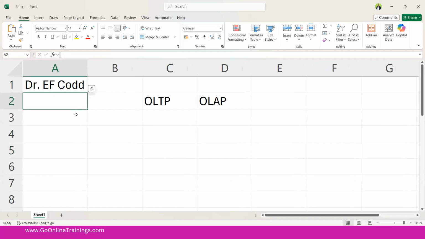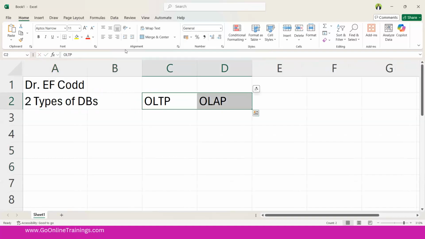According to him, these are the two types of databases only, right? So that is what you need to understand. OLTP and OLAP, and what is the difference between OLTP and OLAP, that you need to know.